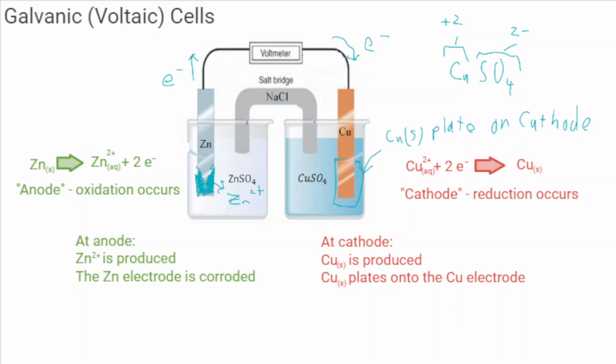Now another thing has to occur here, otherwise our voltaic cell will not work, and this is the salt bridge. In the salt bridge, we have NaCl, sodium chloride, and so we're going to have some sodium plus ions and chloride minus ions. Basically, these are going to be used to counterbalance the ions we're producing from our zinc and copper.